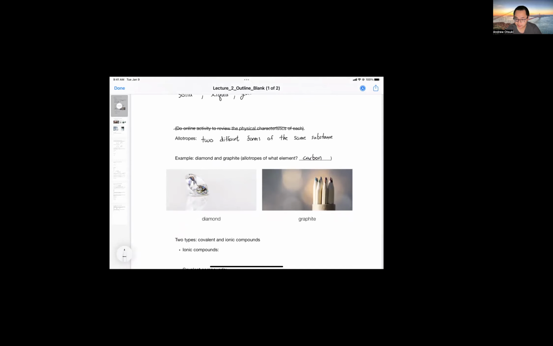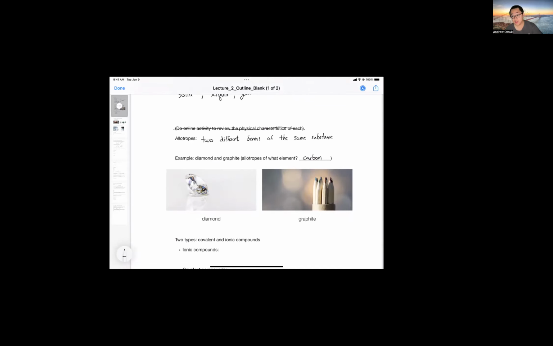One is diamond, a very sturdy, very rock hard substance, very lustrous, very rare, very pretty, very expensive. And the other form we have is graphite, a material that we can use as a writing utensil and has some interesting properties.